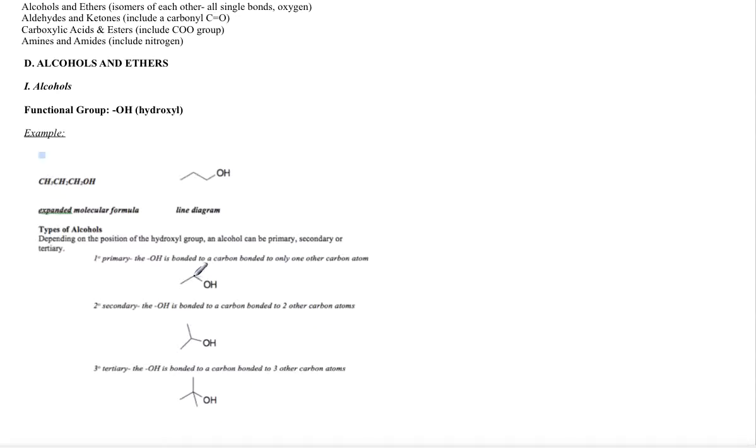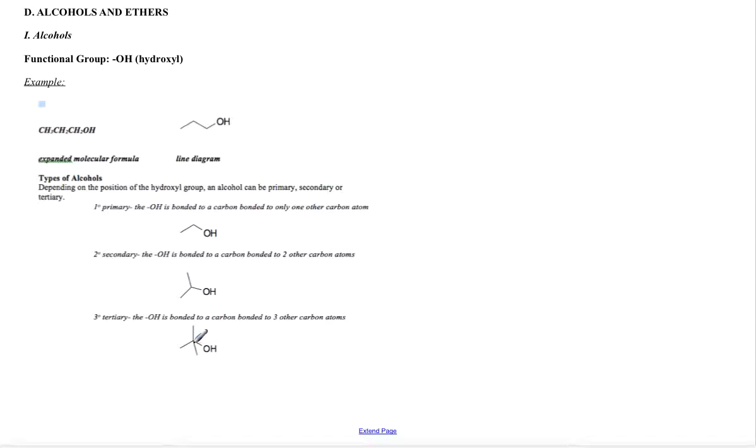So this carbon here that's holding the OH has one other carbon bonded to it, so it is a primary alcohol. A secondary alcohol, the carbon holding the OH has two other carbons attached to it, whereas a tertiary alcohol has three carbons attached to the carbon holding the OH. So one of the things that you'll practice doing when you're naming them is identifying whether the alcohol you're looking at is primary, secondary, or tertiary.